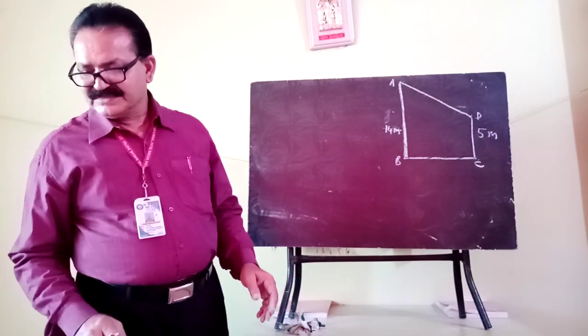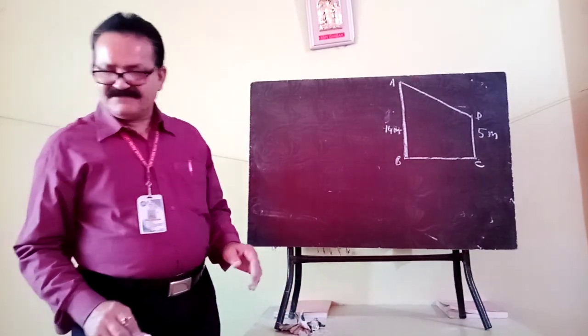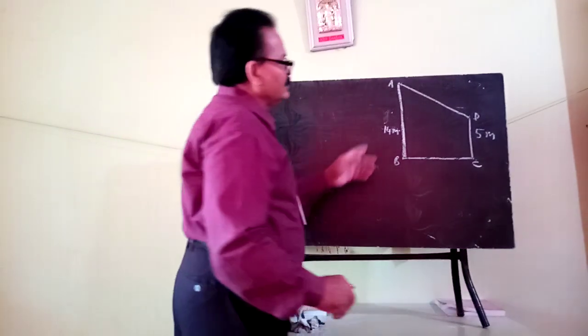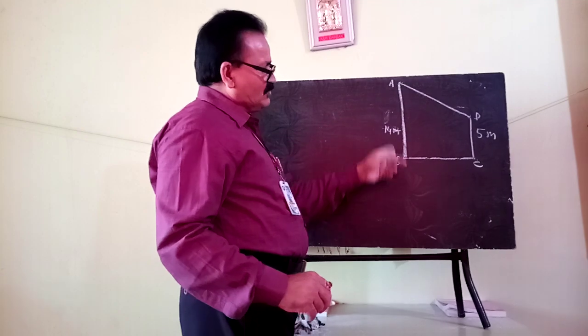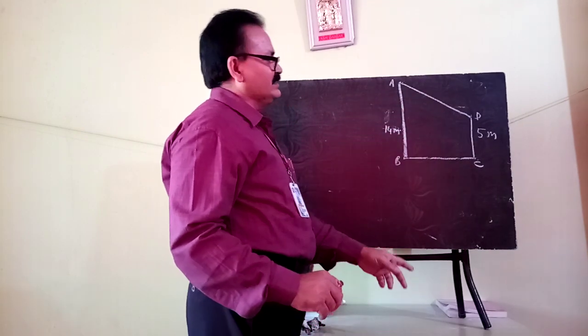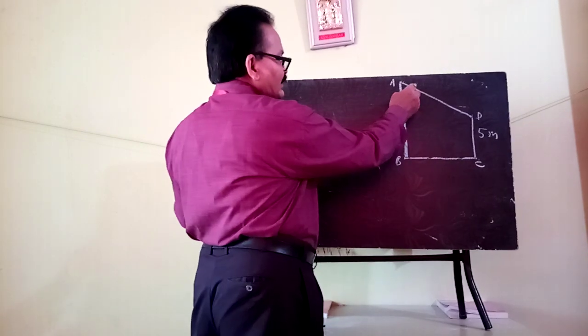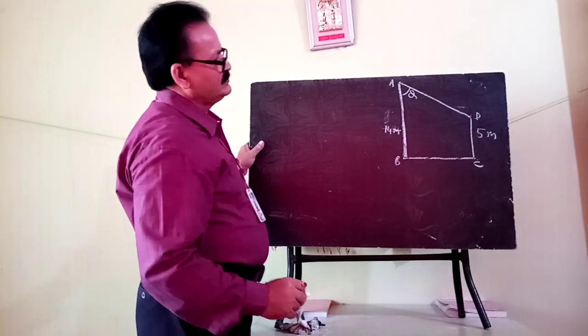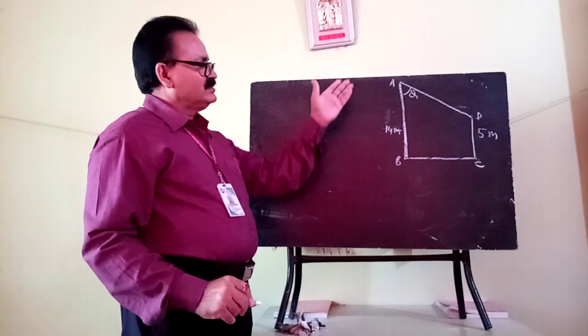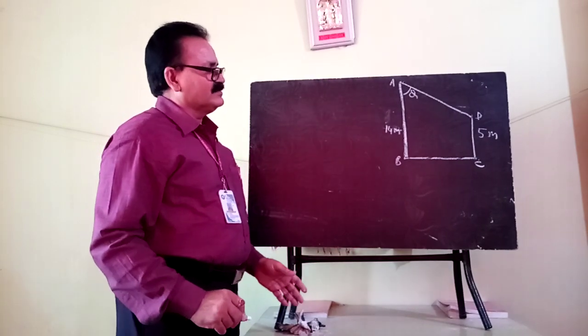And you see, the top of the first pole AB and the top of the second pole CD make an angle theta.